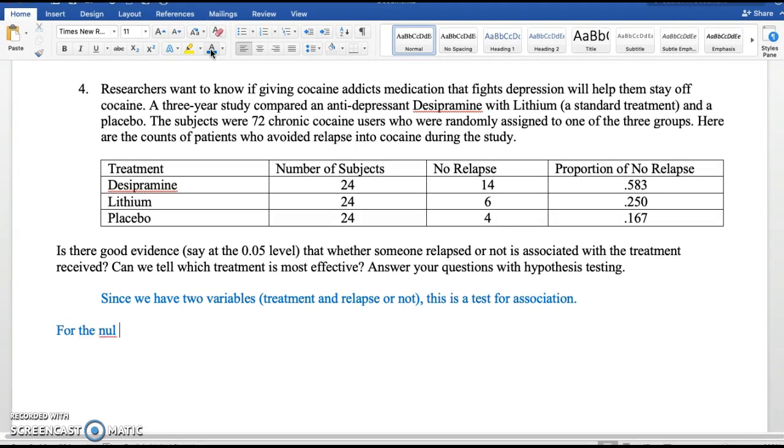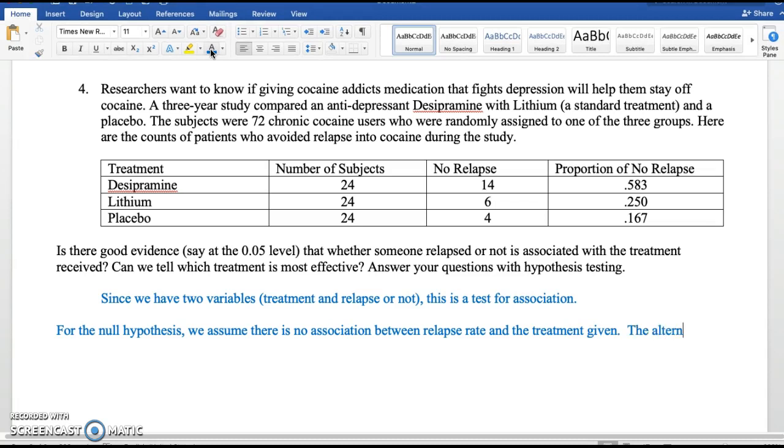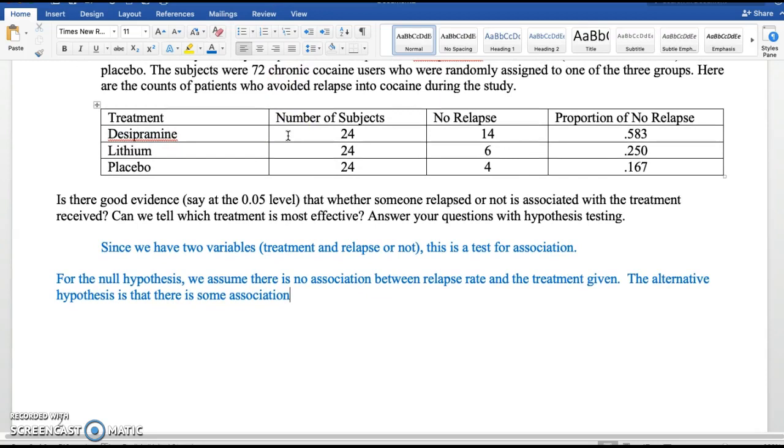So for the null hypothesis, we assume there is no association between the relapse rate and treatment given. The alternative hypothesis is that there is some association between relapse rate and treatment.